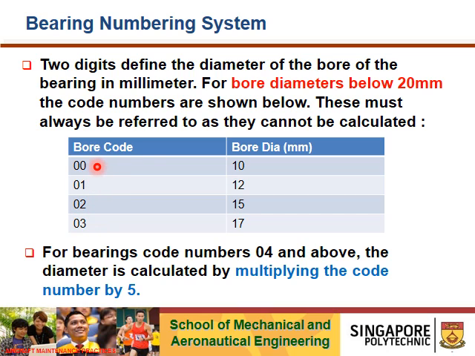So you read directly: 10, 12, 15, 17 ball diameter. But anything where the last two digits are 04, 05, all the way to 09 or 10, then you just need to multiply by 5 to get the ball diameter. The more you practice, the more you understand what I'm trying to say.